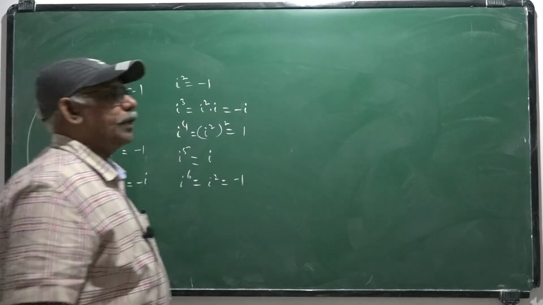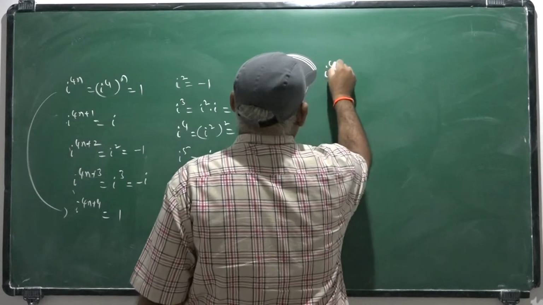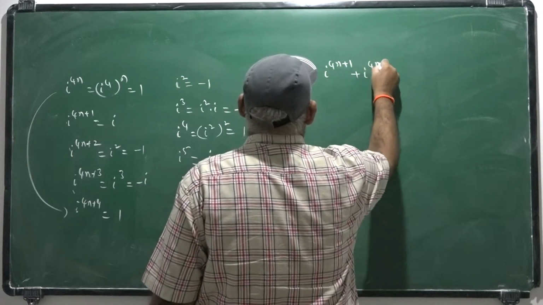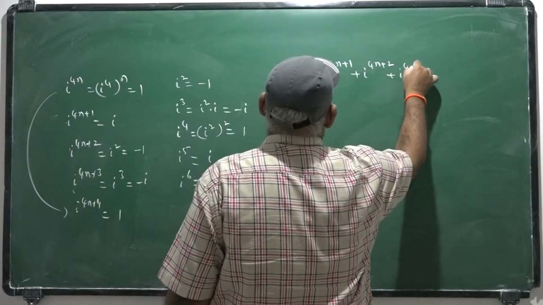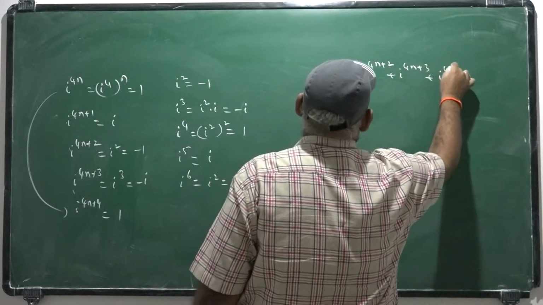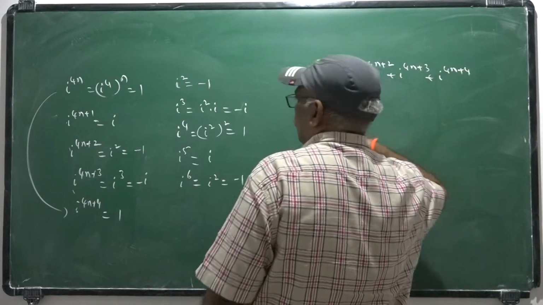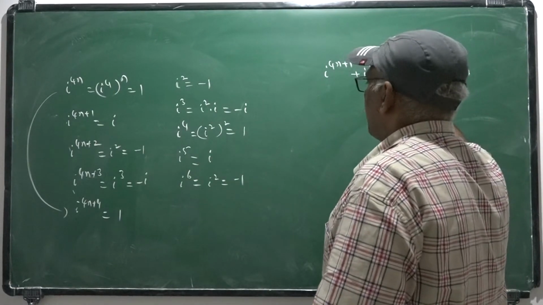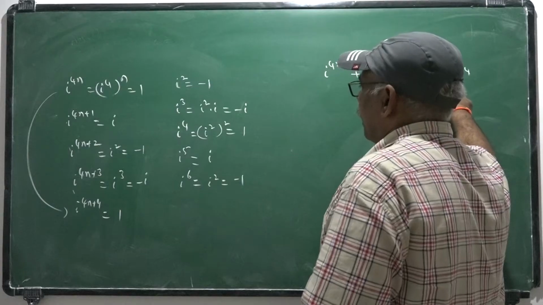So, once you observe these, the sum is 0. That means, if you consider i power 4n plus 1, i power 4n plus 2, i power 4n plus 3, i power 4n plus 4, this is i, this is minus 1, this is minus i, this is 1.